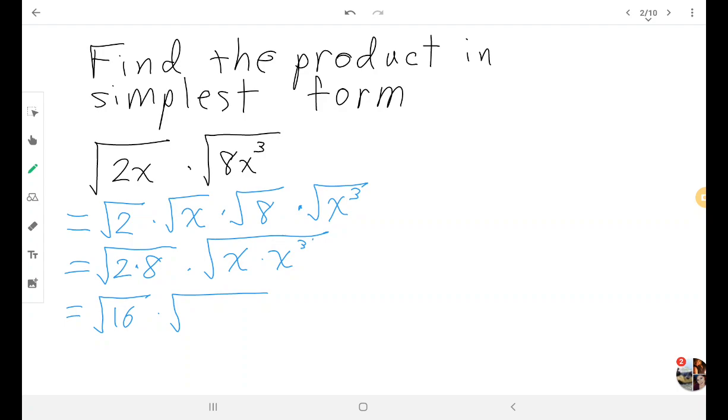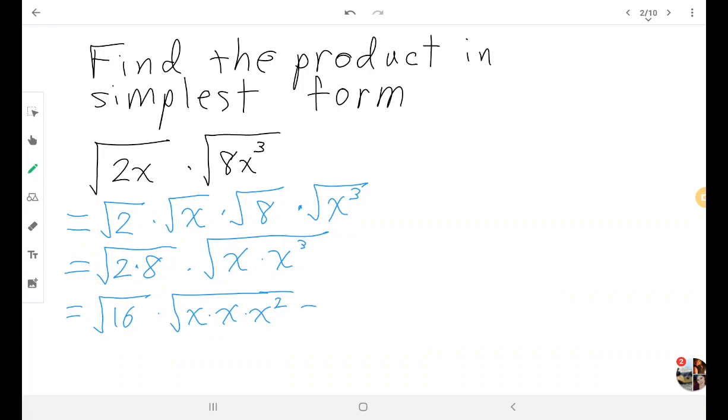So what I'm going to do is take this x to the third, and an x to the third doesn't do me a whole lot of good. X squareds are what do me good. So instead of calling it x to the third, I'm going to call it x times x to the second.